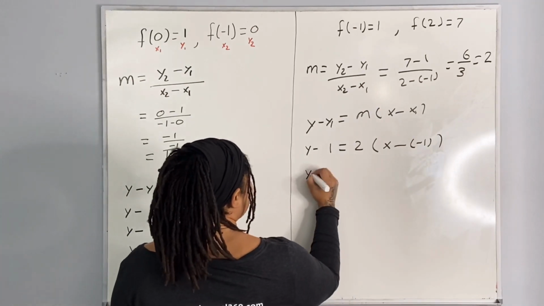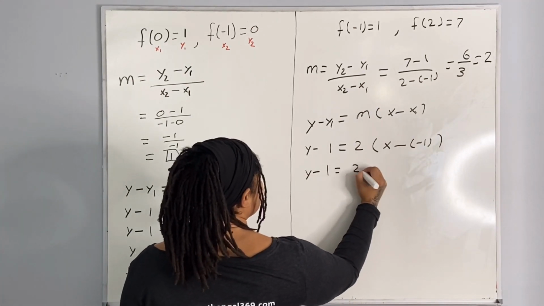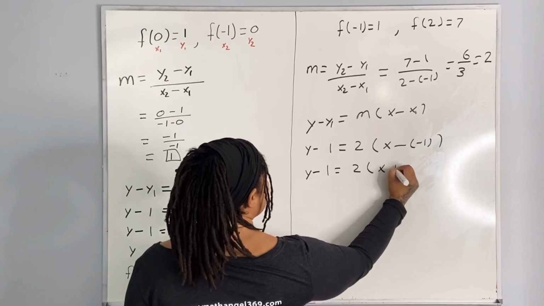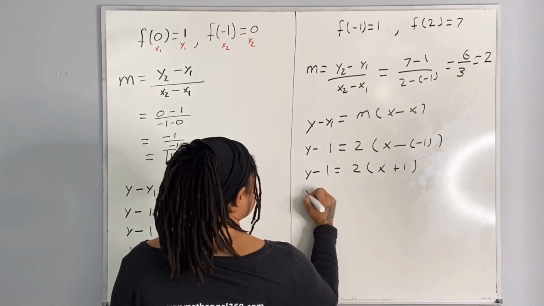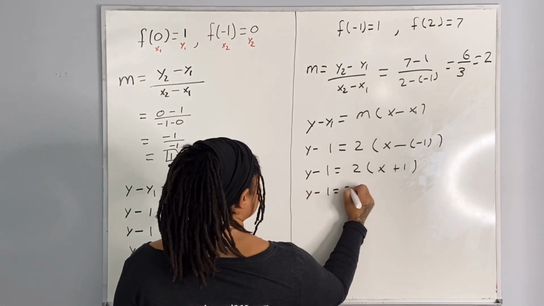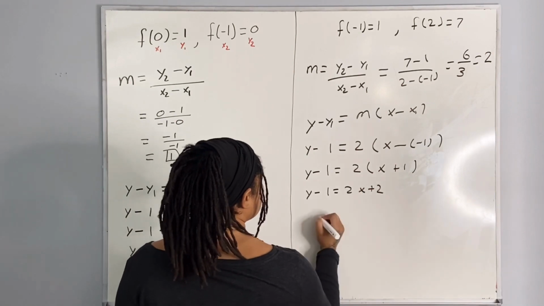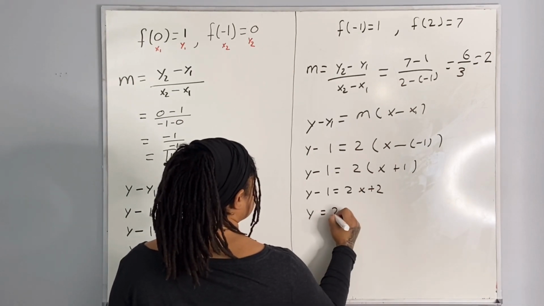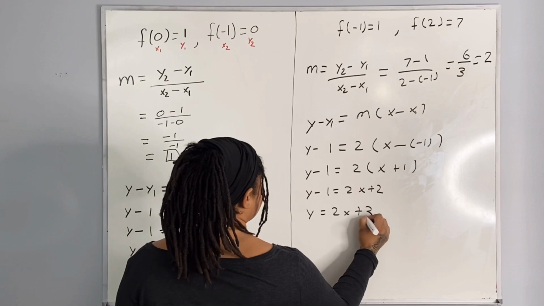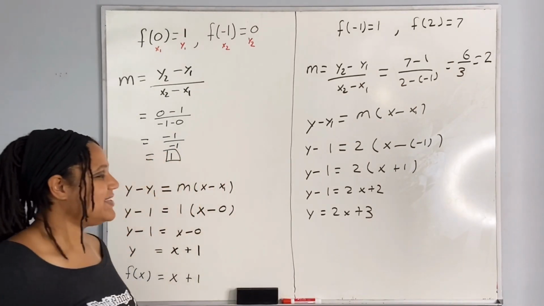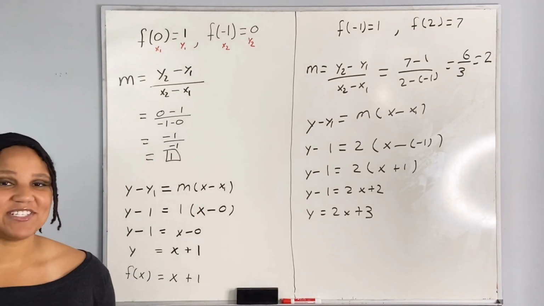So we get y minus 1 is equal to 2 times x plus 1, which means we get y minus 1 is equal to 2x plus 2, which means we get y is equal to 2x plus 3. And now we have it in slope intercept form.